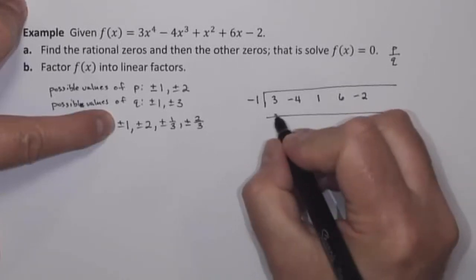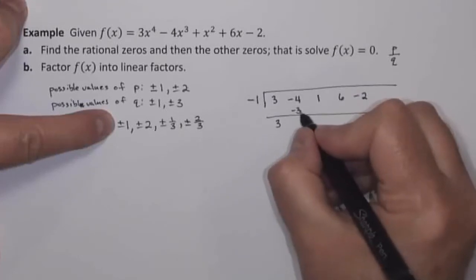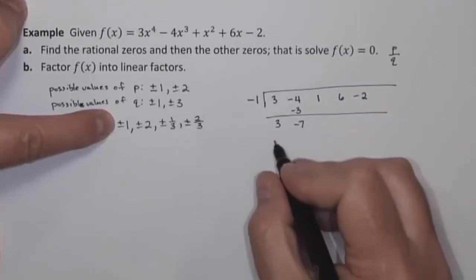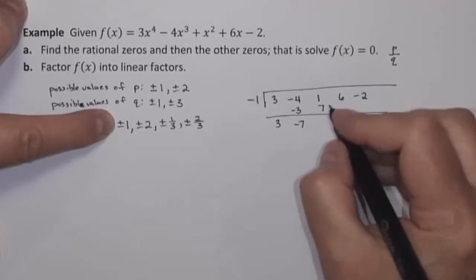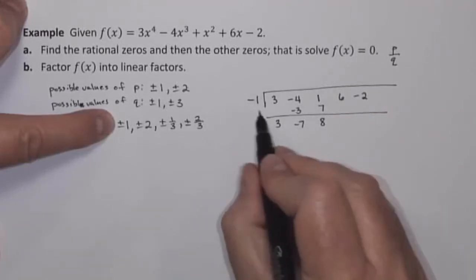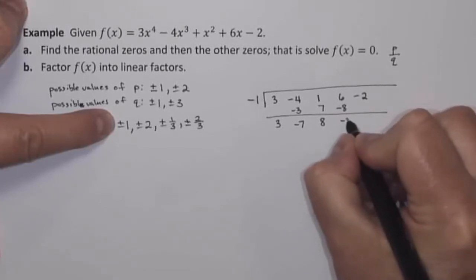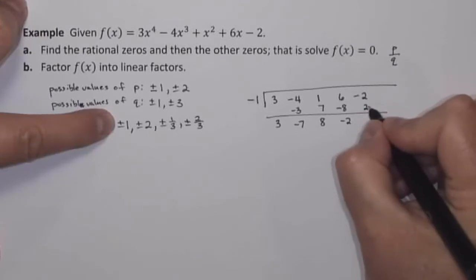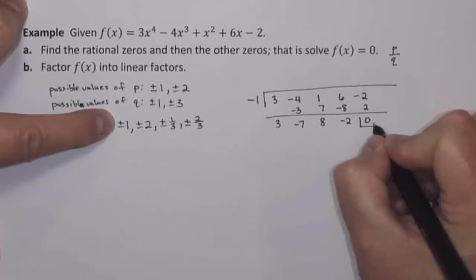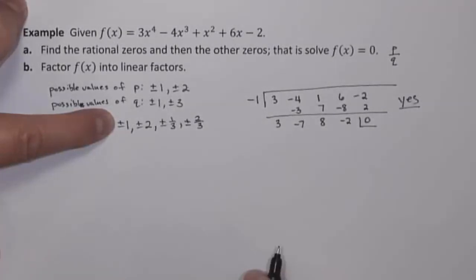So if I drop down 3, -1 times 3 is -3. -4 plus -3 is -7. -1 times -7 is 7. 1 plus 7 is 8. -1 times 8 is -8. 6 plus -8 is -2. -1 times -2 is +2. -2 plus 2 is 0. That is the remainder. So yes, -1 is in fact a 0.